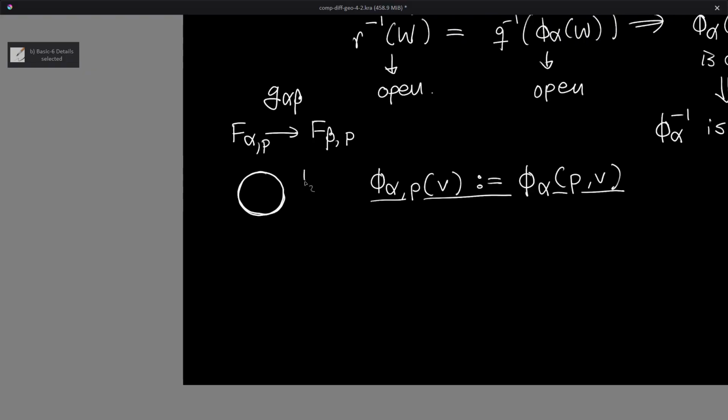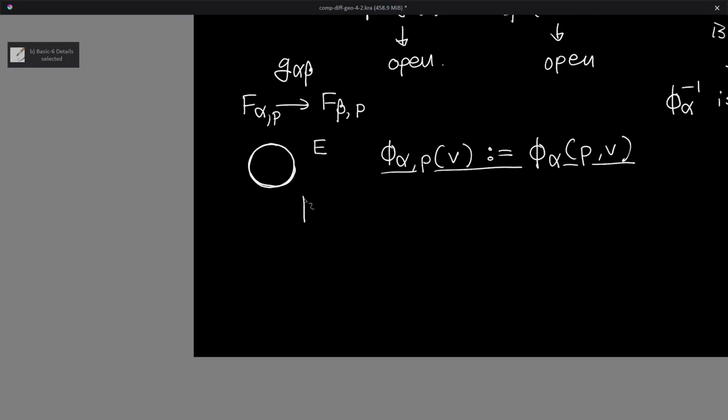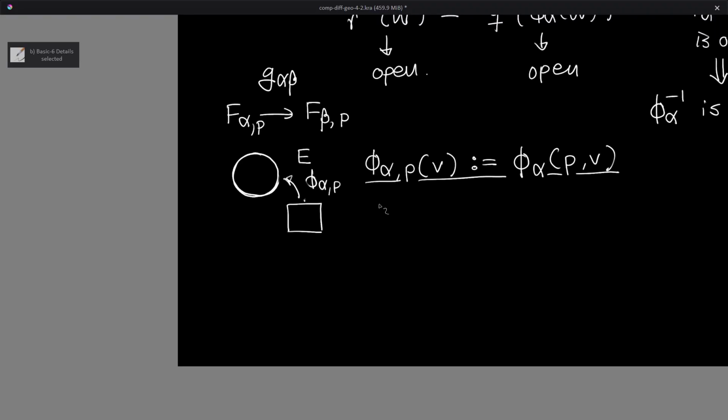Let's say that that's E. And we have a similar idea to the coordinate charts where phi alpha p actually moves us in the opposite direction. Phi alpha p starts in the vector space and moves up to the vector bundle.